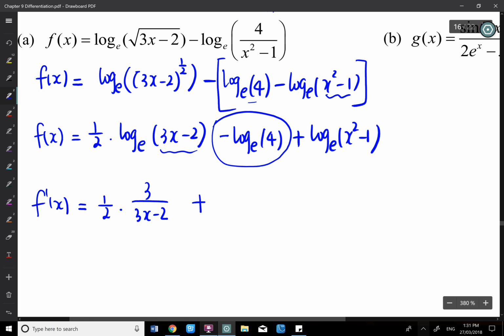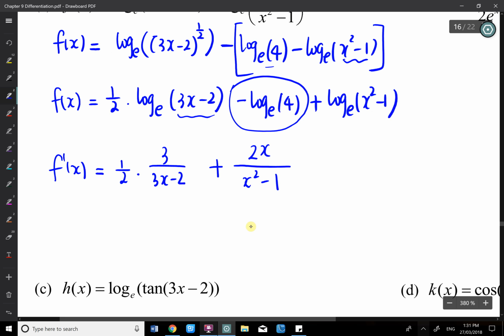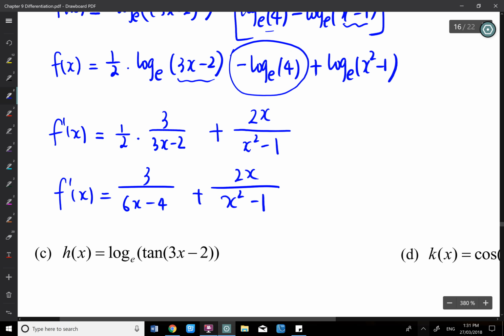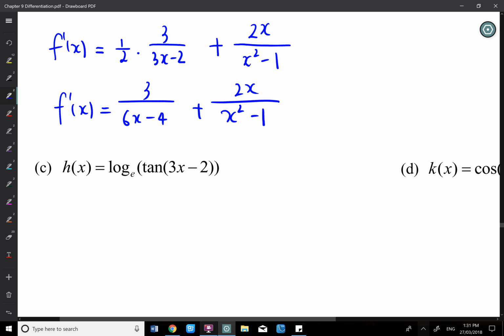And then plus the derivative of that, that's 2x over x squared minus 1. So f dash x equals 3 over 6x minus 4 plus 2x over x squared minus 1. That's what we should do.